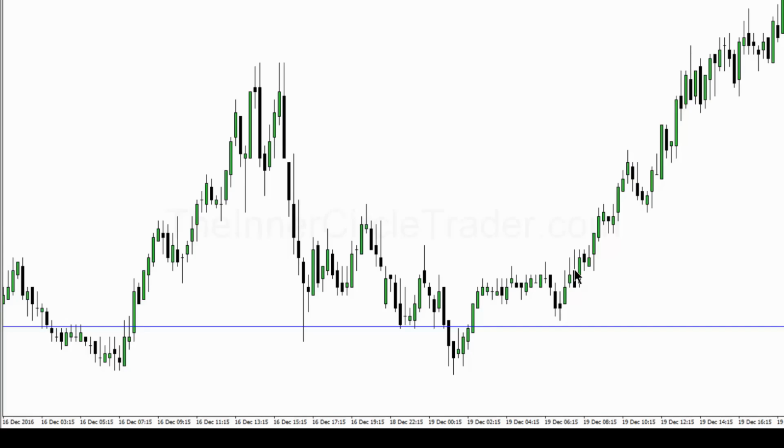So if you get an opportunity to see it trade back down into it, as it does here, this candle opens and trades down into it right there. The open comes in at 133.45. The low on this candle comes in at 133.45. It goes right to that candle. So that's a bullish entry here with a propulsion candle.